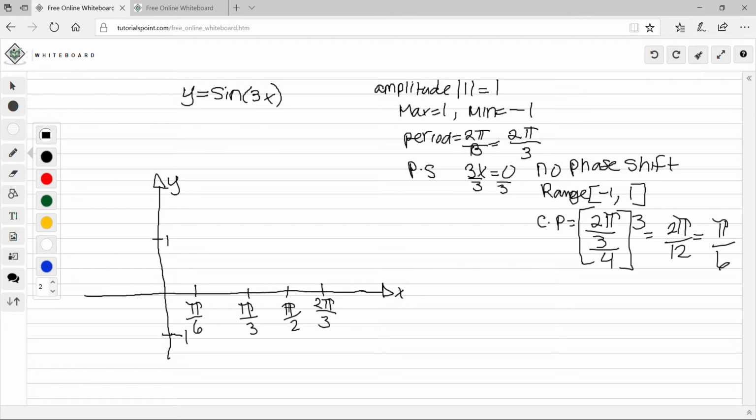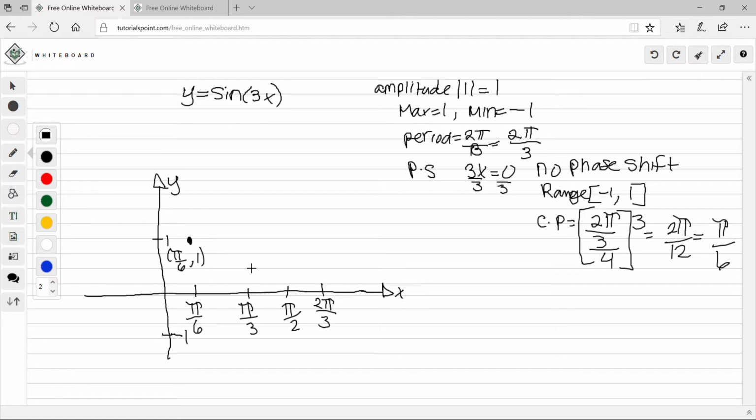Okay, so when you plug pi 6 into the function y equals sine 3x, you will get a positive 1. So this is pi 6, comma 1.